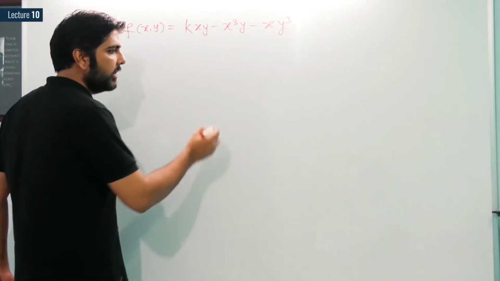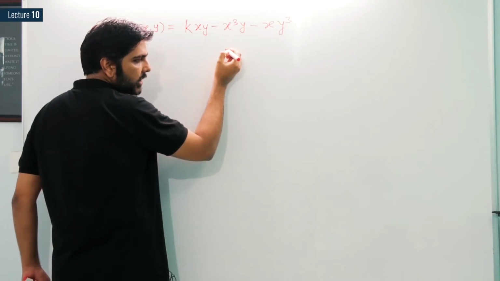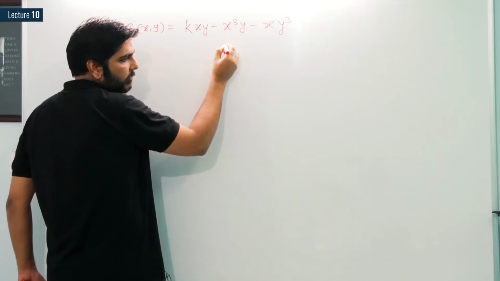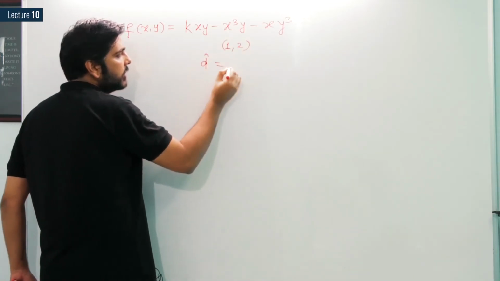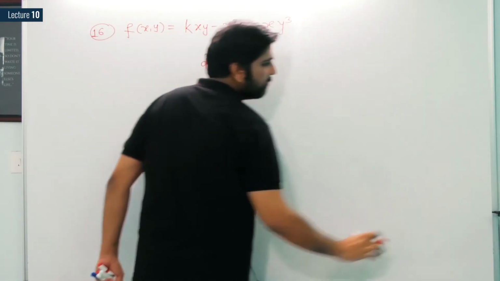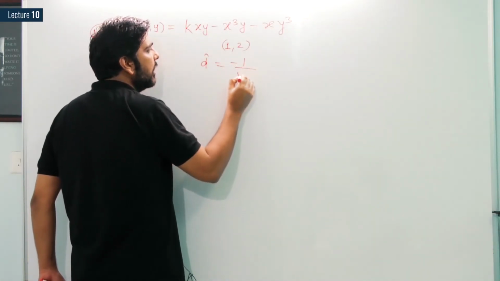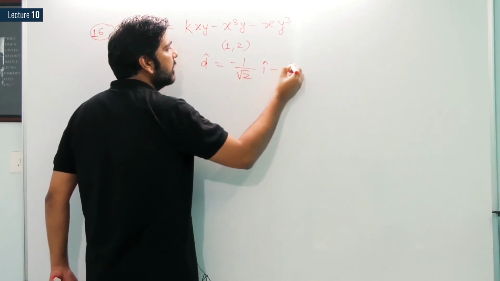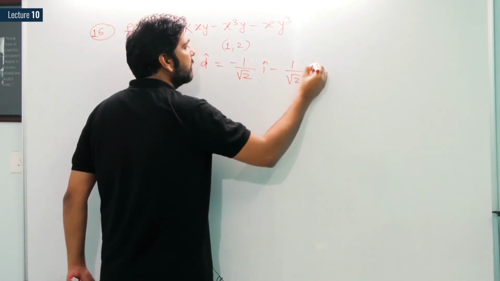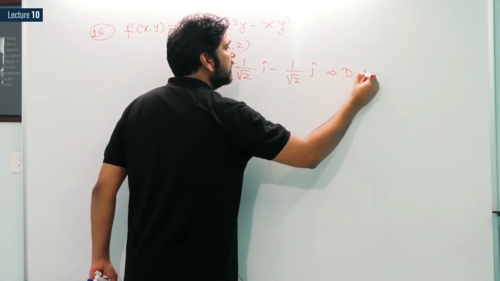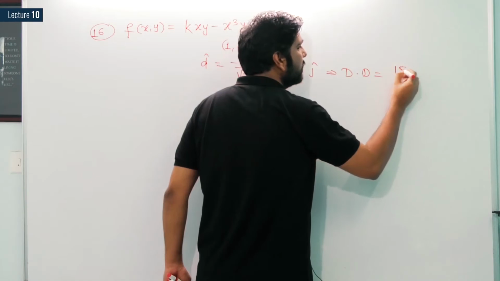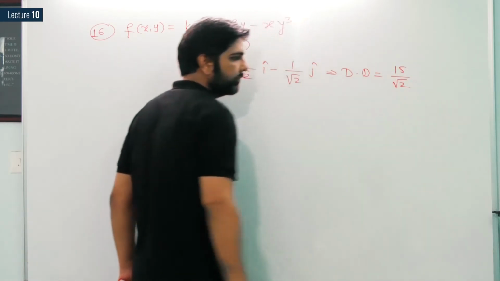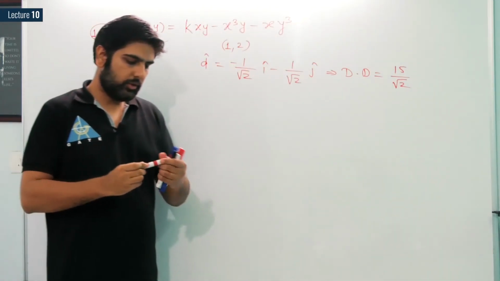Then the directional derivative at the point (1, 2) in the unit vector direction minus 1 by root 2 i cap minus 1 by root 2 j cap is given as 15 upon root 2. Then we need to find the value of k.